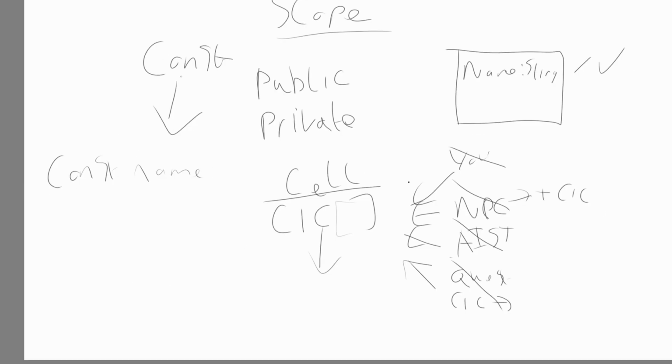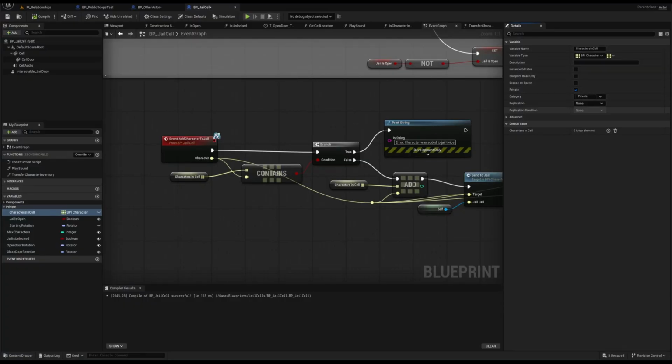Then you can make const public. You can access it from anywhere you want, but you can only ever set it once. That's not great for a jail cell where you want to go in and out of it potentially. And also, Unreal doesn't give you the ability to do const variables. You can in C++, you can't in the blueprints because it's a bit scope creep for blueprints. It's not part of what the project needs.